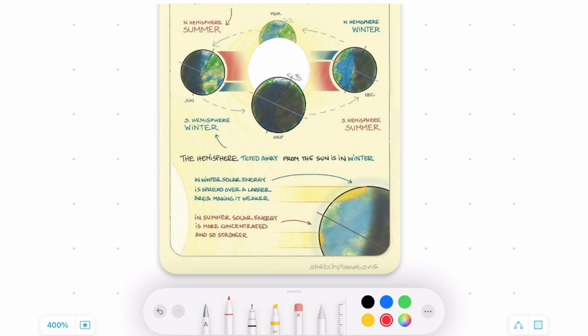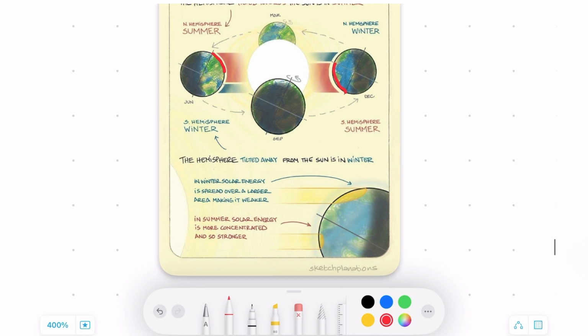Fine. Now when this happens, because of this uneven heating, one section of the Earth is getting heated up much more as opposed to the other sections. The southern hemisphere is receiving very little light here, right? There's a whole portion of the Earth that is not receiving any light. It's extremely far away from the sun.